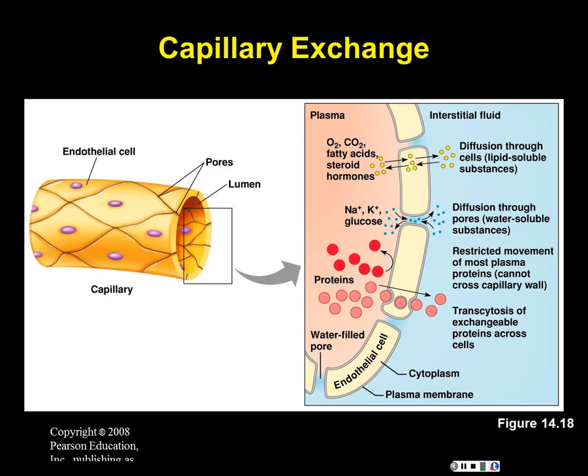So the pressure must be what in the interstitial fluid? Lower. And there's still pressure. That's just forcing substances out. For a familiar gradient, pressure is higher inside the plasma, inside of the capillary, than in the interstitial fluid.